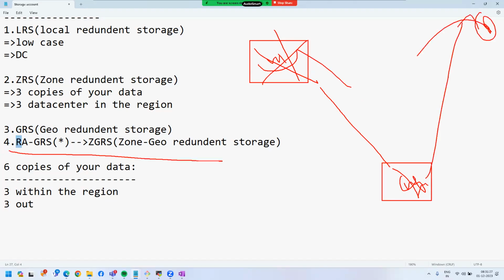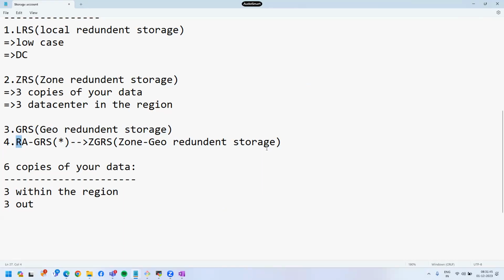That is the last option. It is only a read option, guys. Earlier it was there, but now they have removed it. I will show you in the portal. Just one month back, they removed this option.